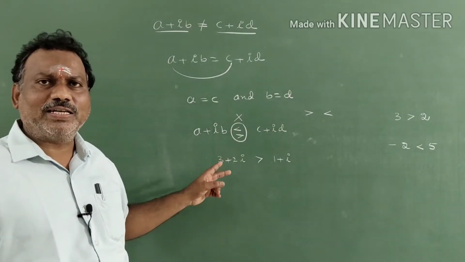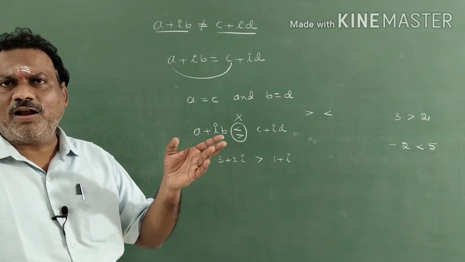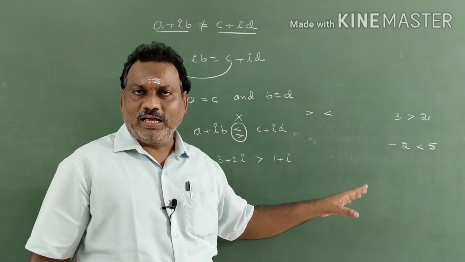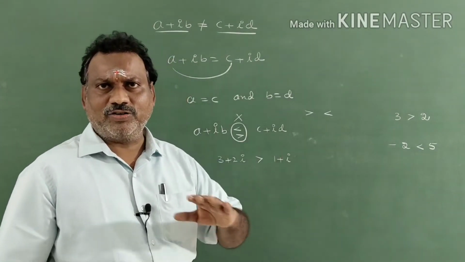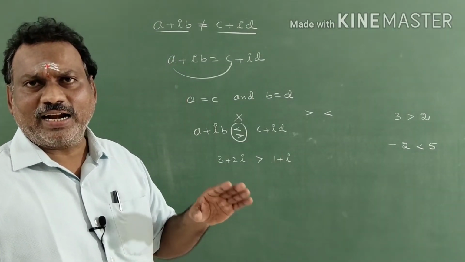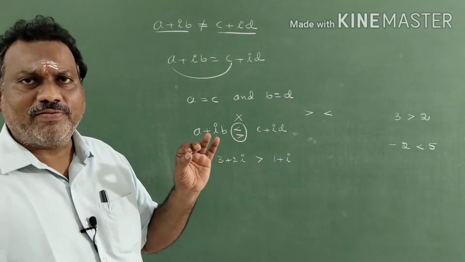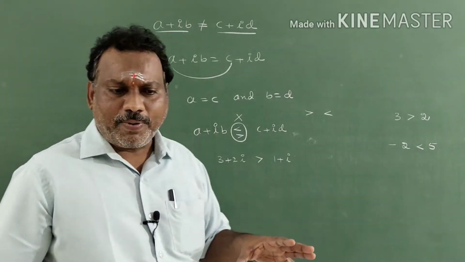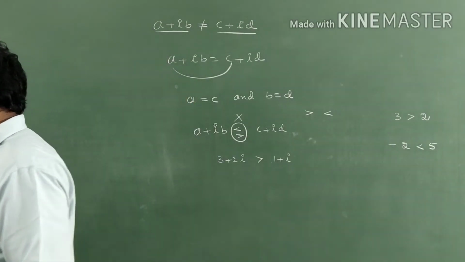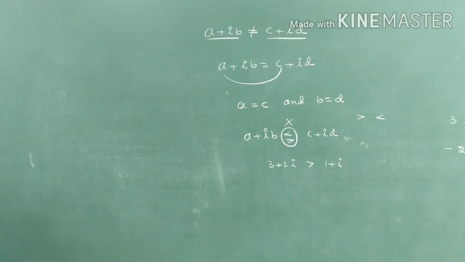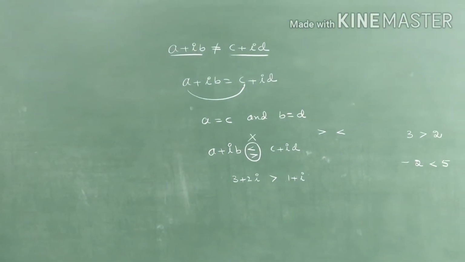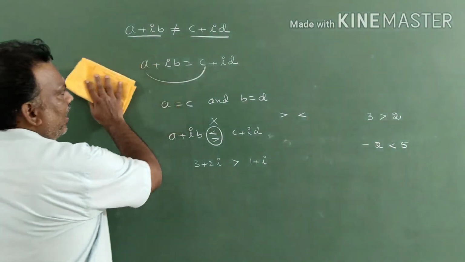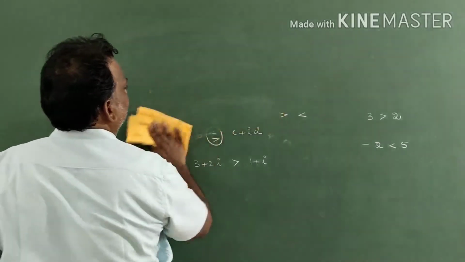But for two complex numbers, we cannot always represent either less than or greater than. That is wrong notation. We should not use less than or greater than conditions. Keep that in mind, a very, very important thing. Clear, students? Right. Next, apart from the complex numbers, we have the i value, iota. We already discussed iota.